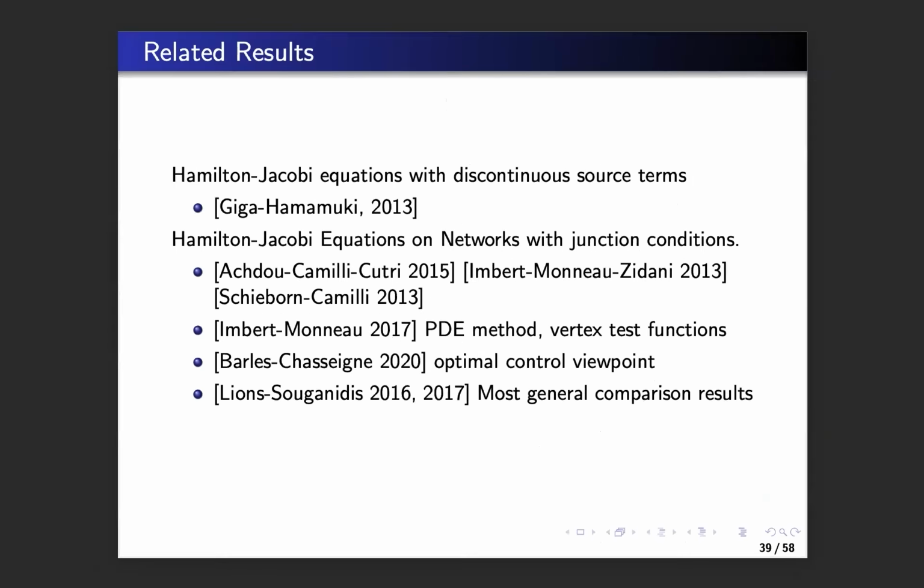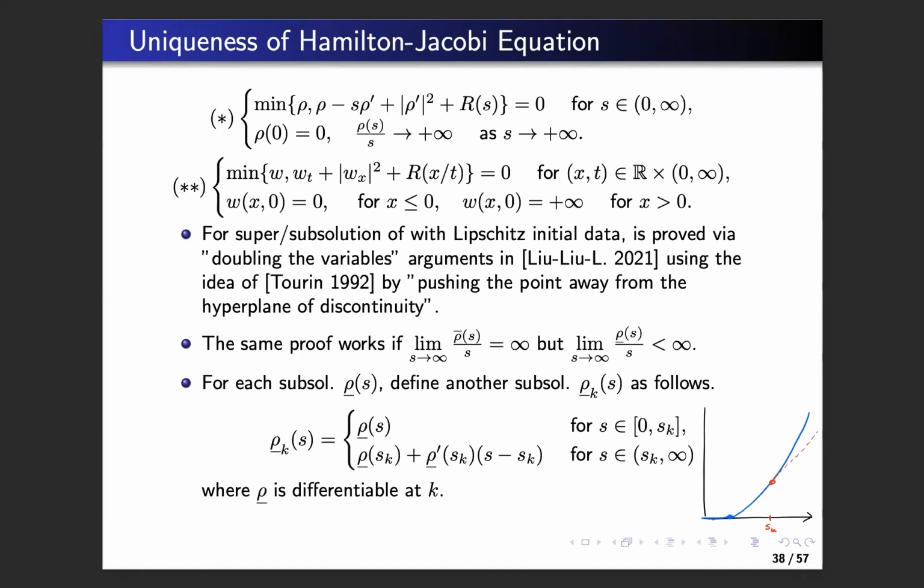Since our work, we learned about more related results that our problem doesn't cover. Our problem covers the case when G is monotone. It covers the case when G is like this, because a negative bump doesn't hurt, but it doesn't cover the case when G is like this, where you have a maximum that exceeds the left and right sides.